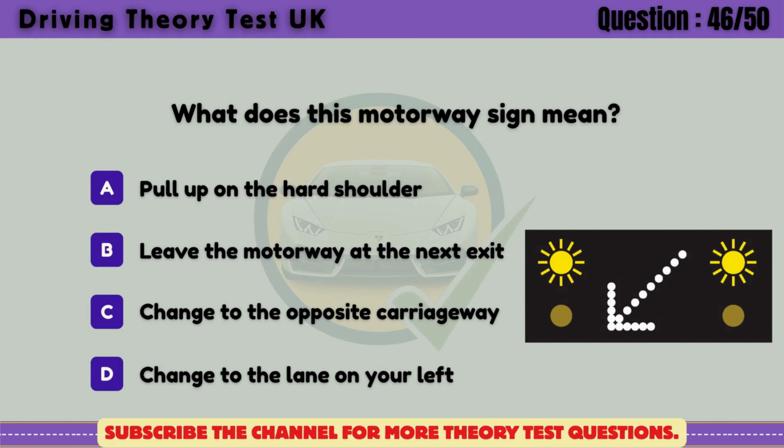Question 46. What does this motorway sign mean? Option A. Pull up on the hard shoulder. B. Leave the motorway at the next exit. C. Change to the opposite carriageway. D. Change to the lane on your left.